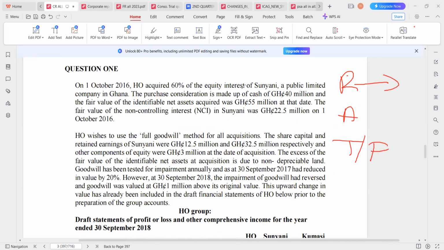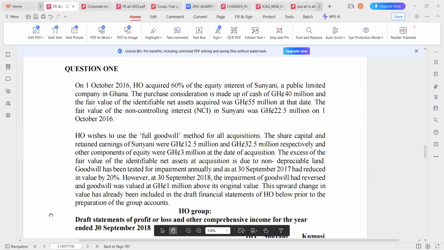Go and read the requirement first and set your tone for the requirements. When you come back, you do your workings first, then you read the footnotes, then you scan through the financial statements. That is what you have to do. So for consolidation, follow this approach. It has been tried and tested.